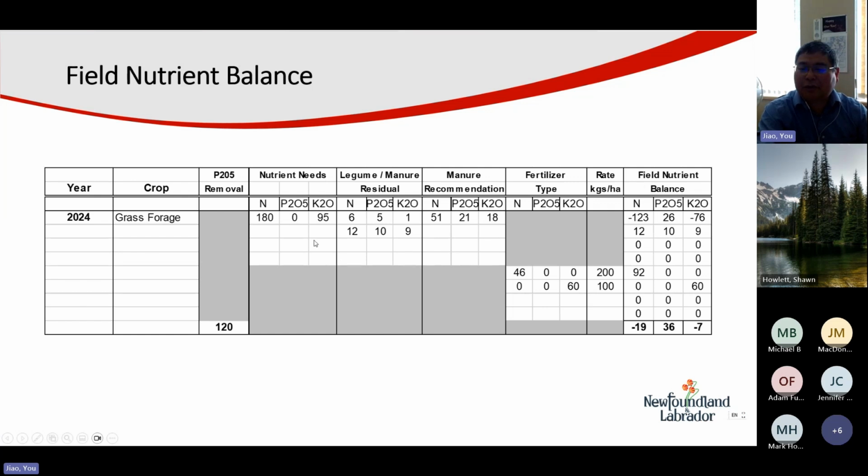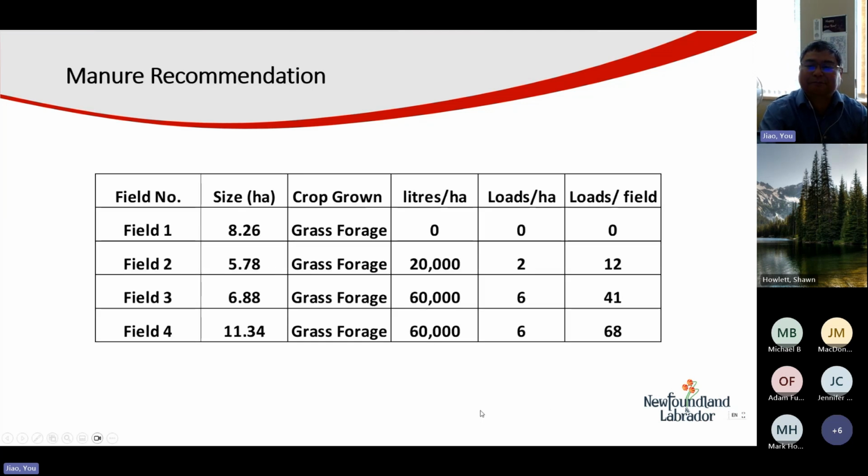To meet the crop requirement, I have the credit from the previous year's legume and manure, and I have to put this much manure for how much nutrient is available, and then the supplemental fertilizer gives me the balance sheet to calculate.